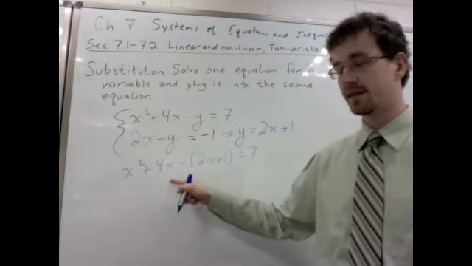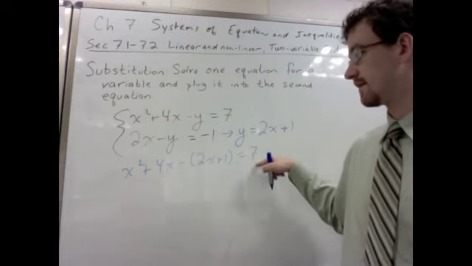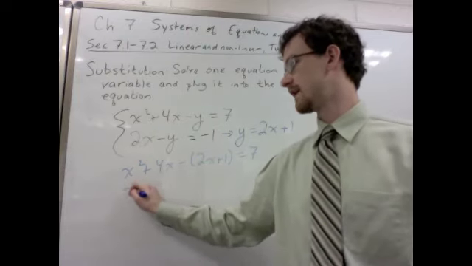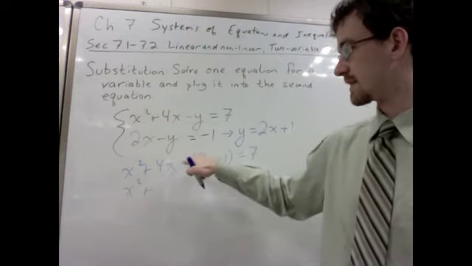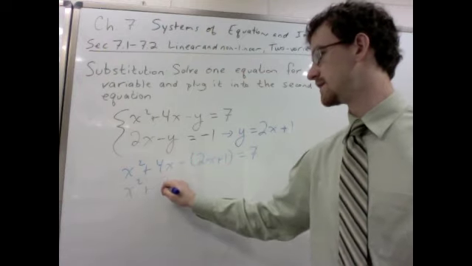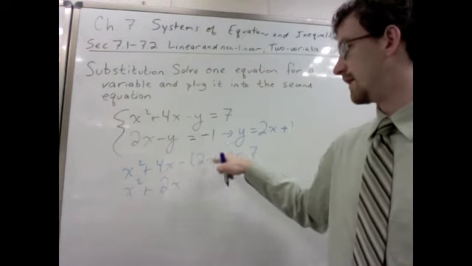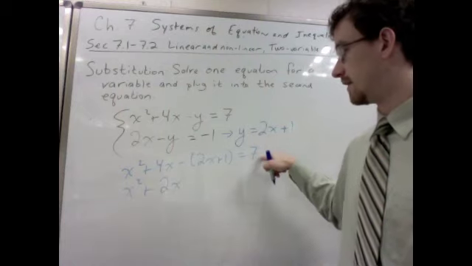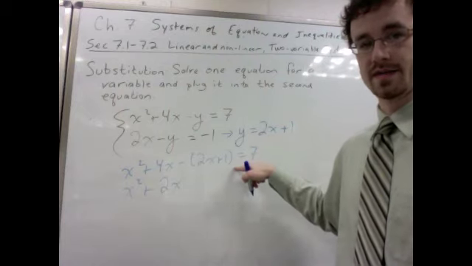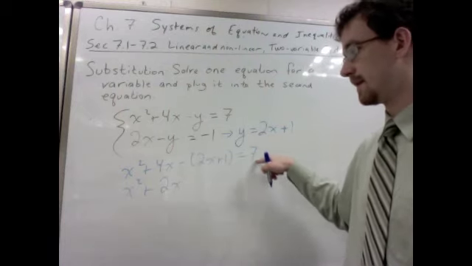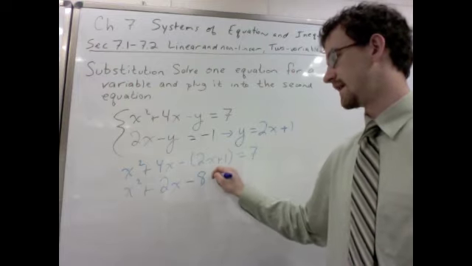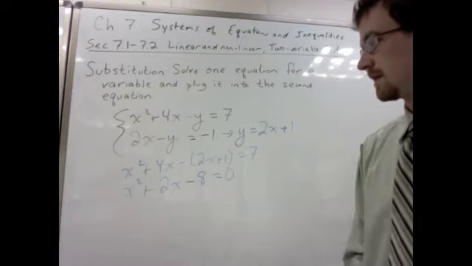Now we have a quadratic to solve once we distribute our negative and move our 7 over here. It's x squared plus 4x minus 2x is 2x, minus 1, and then collecting our 7 to the left side as well, we have negative 1 minus 7, minus 8, equals 0.